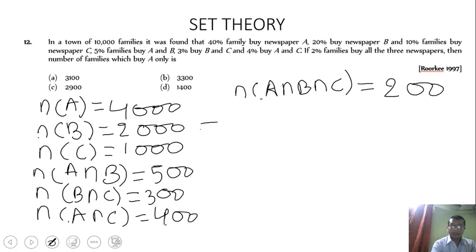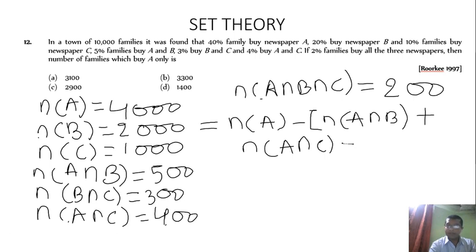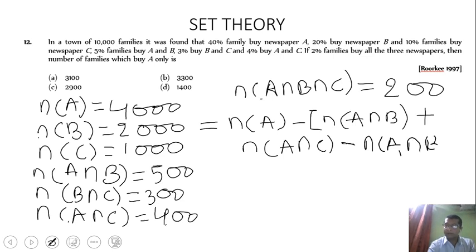It is given by the expression n(A) minus n(A intersection B) plus n(A intersection C) minus n(A intersection B intersection C).